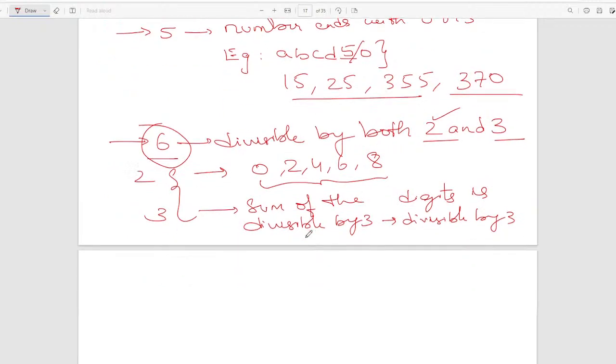For example, you take 12. 12 is divisible by 2 because the unit's place has 2 here, and it's also divisible by 3 because the sum of the digits, that is 1 plus 2, that is 3, is divisible by 3. So this number 12 is divisible both by 2 and by 3, hence it is divisible by 6.